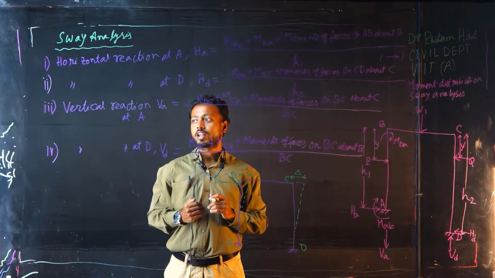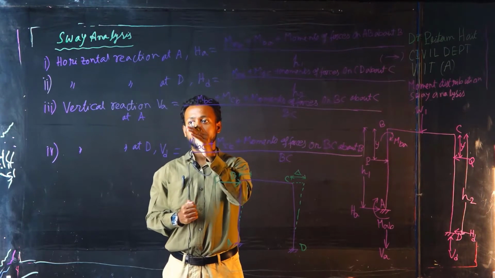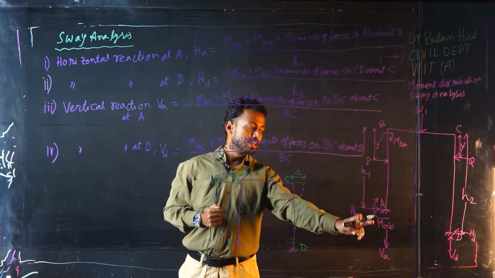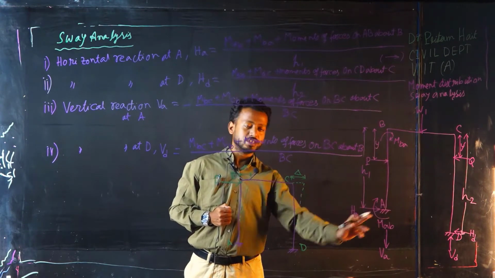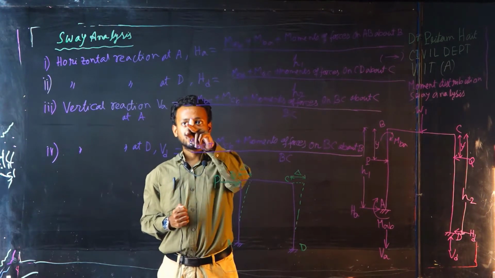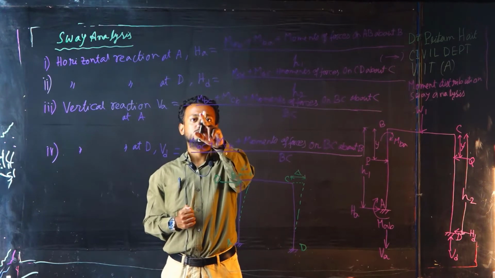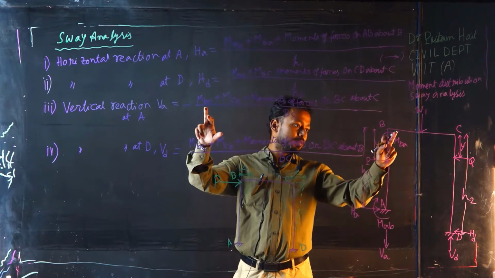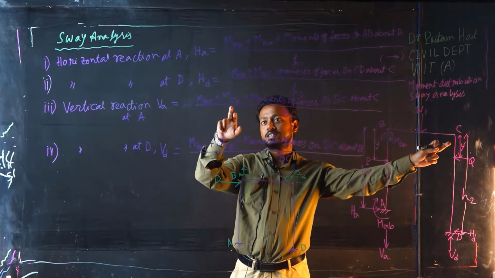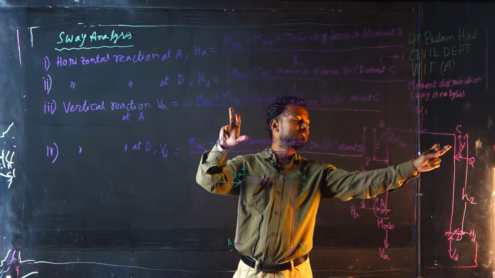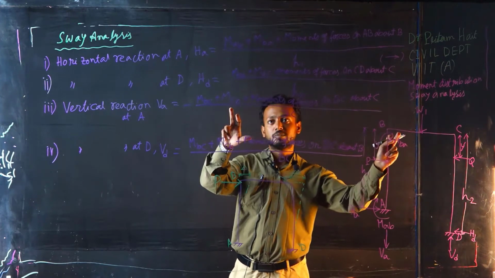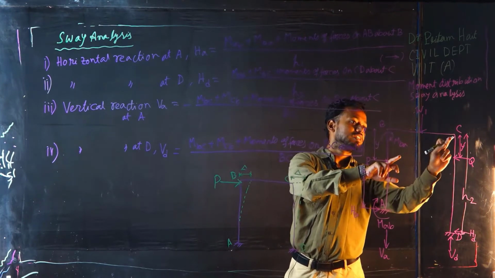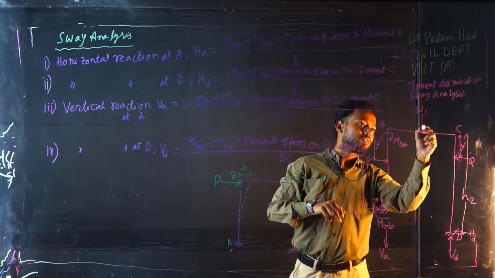Okay, now we will calculate the vertical reactions VA and VD, that is, the vertical reaction at A is VA and the vertical reaction at D is VD. So the vertical reaction VA equals minus of MBC, that means moment at B towards C, plus MCB, the moment at C towards B, plus moment of forces on BC about C. That means W into this distance.